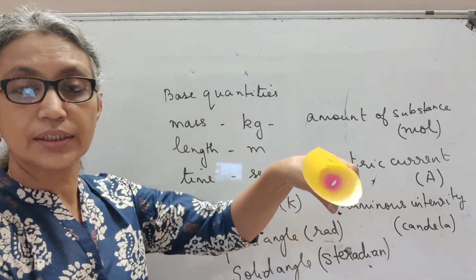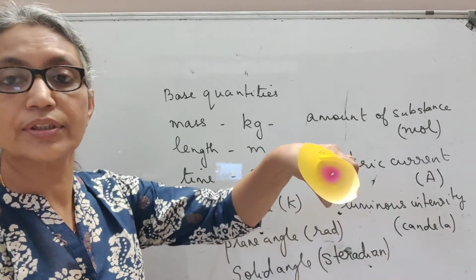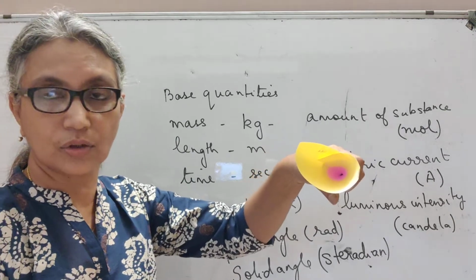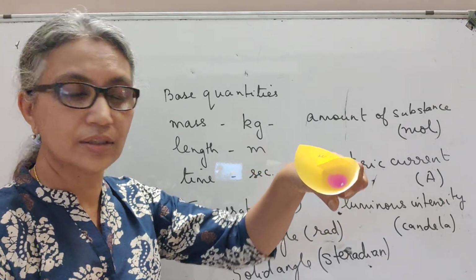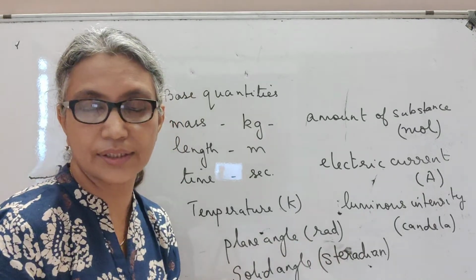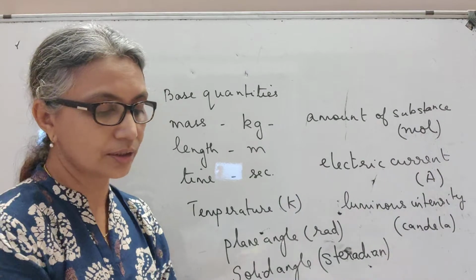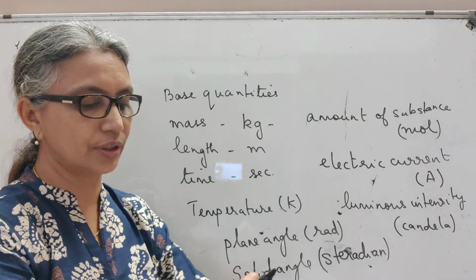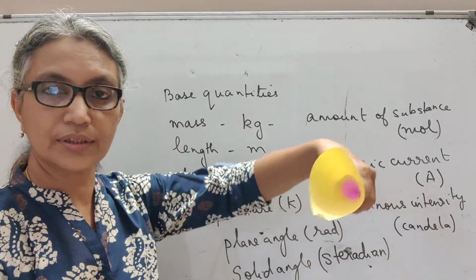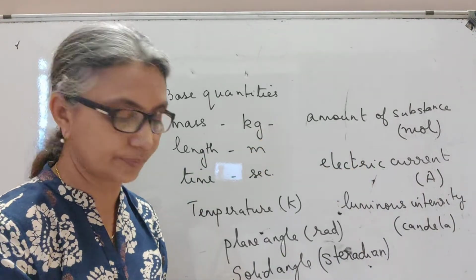You will see that inside the cone there is a solid angle, and that solid angle's SI unit is the steradian. So a plane angle is always an angle that appears on a plane, while a solid angle is a 3-dimensional angle, whose SI unit is the steradian.